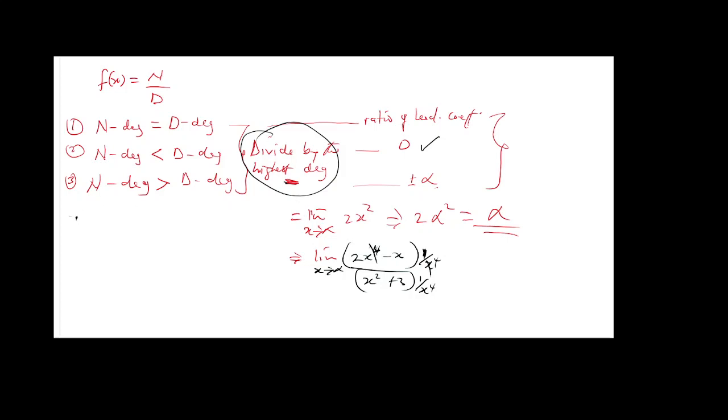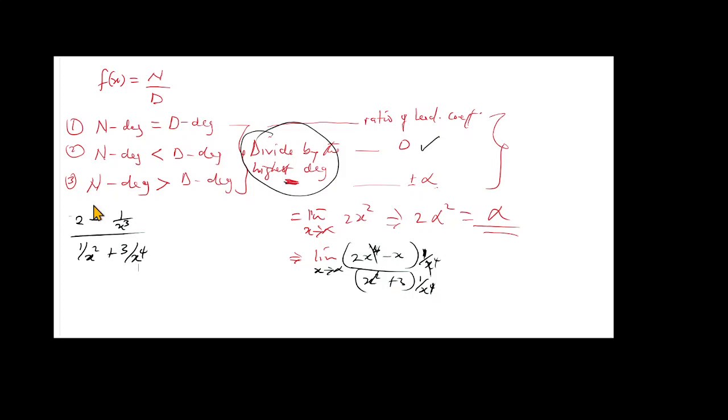We have 2 left minus 1 all over x to the power of 3, divided by, this cancels out 2 here, so we have 1 all over x squared left plus 3 all over x to the power of 4. That is what we have left.